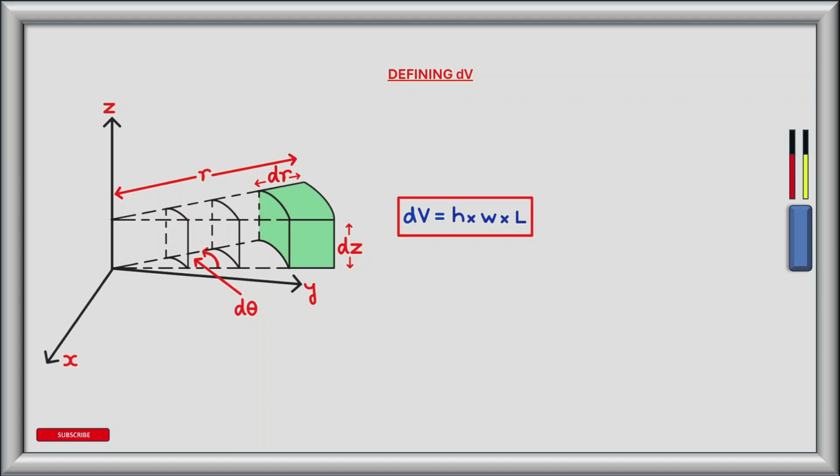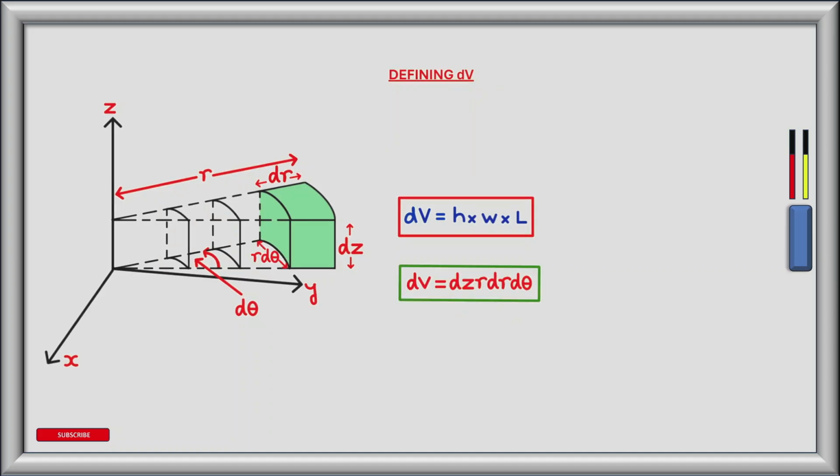Now the arc length of a circle is given by the radius multiplied by the central angle theta. In this case, theta is infinitesimally small, represented by d theta. If we now put all these infinitesimally small dimensions together, we see that the volume dv is given by dz r dr d theta. And we sum all these pieces of volume using our triple integrals to get the total volume.